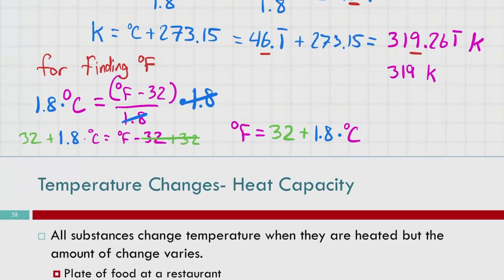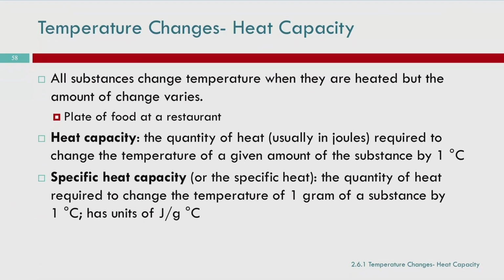All right, we're almost done with chapter 2. We've got one more set of important ideas to talk about, and that's heat capacity. Every substance changes temperature when it's heated. Some things heat up very quickly, like metals. If you put an empty pan on the stove and you turn the burner on, it's going to get really hot really fast.